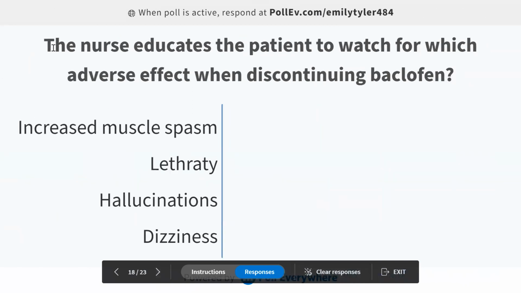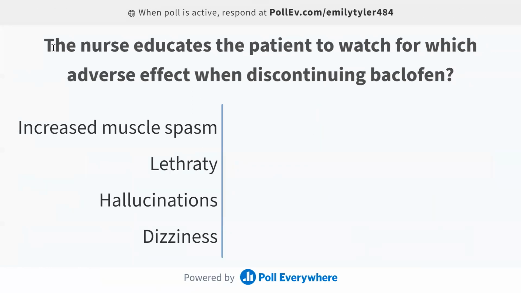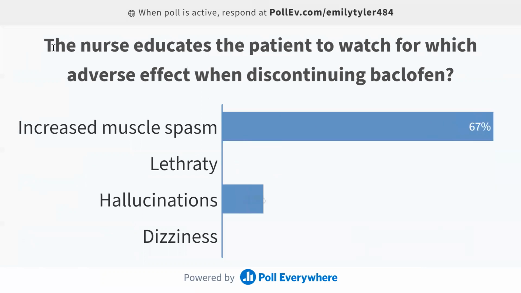You educate the patient to watch for which adverse effects when you discontinue baclofen. Whoop, whoop. Lethargy is like lethargy, but different.